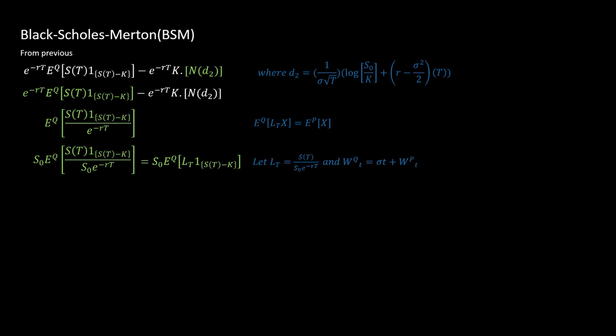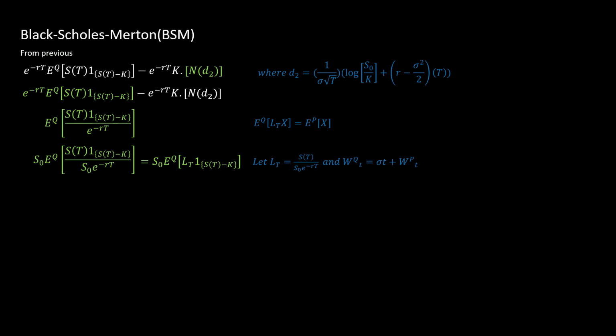And when you work this out, which I haven't shown here, what you will get is that the risk-neutral Brownian motion equals sigma T plus the Brownian motion in this new probability measure. Now there's a lot more to this, and it's a lot more rigorous, but for saving time, we're just going to skip over that part and just accept that the risk-neutral Brownian motion equals sigma T plus the Brownian motion of the new probability measure.